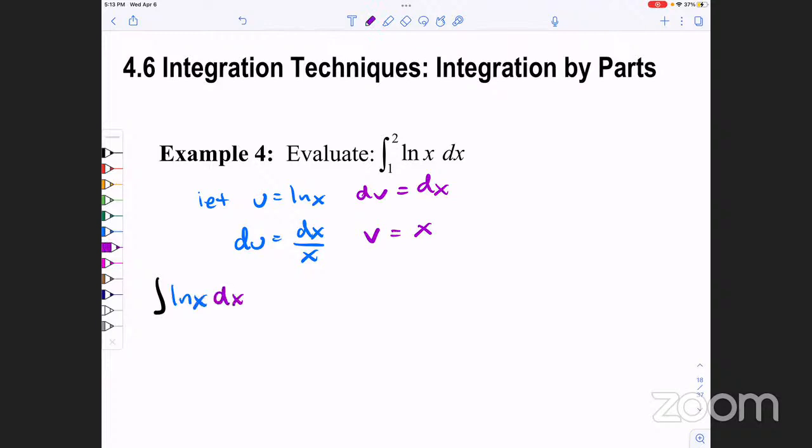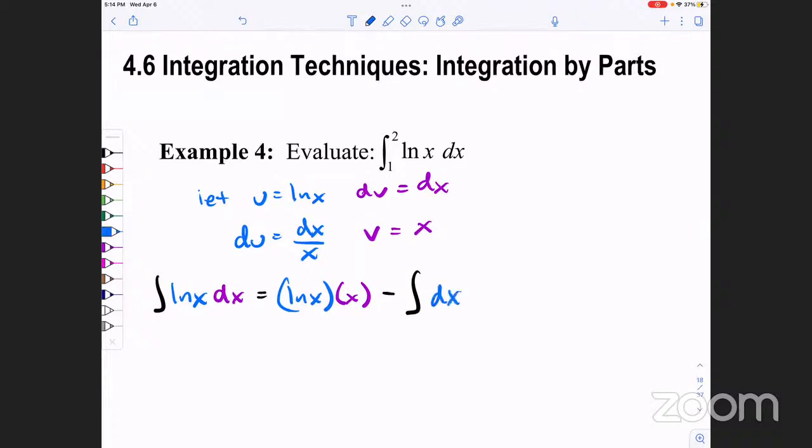We identify u times v, applying the integration by parts formula, minus the integral of v du. So x dx over x ends up just being the integral of dx. So this becomes x ln x minus x, and we want to evaluate that.